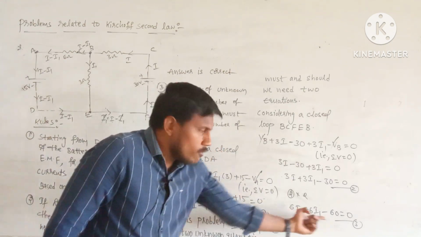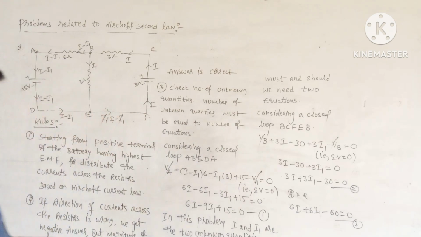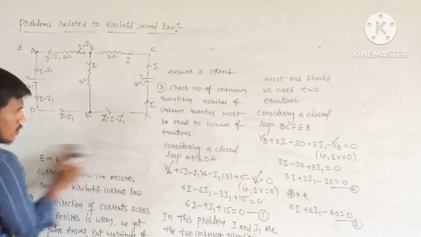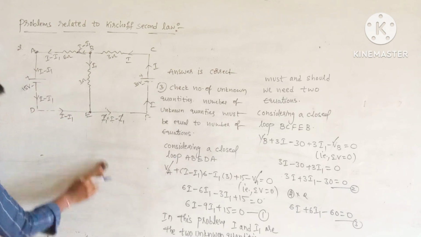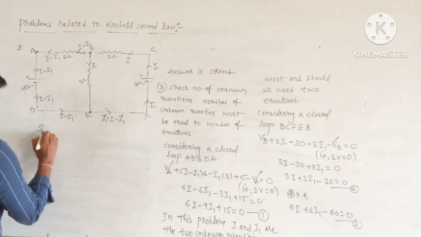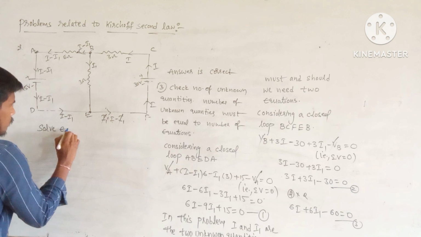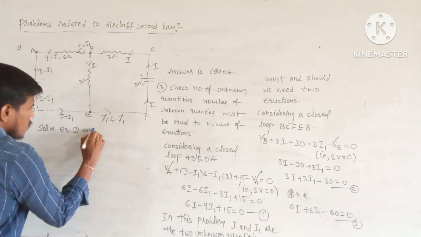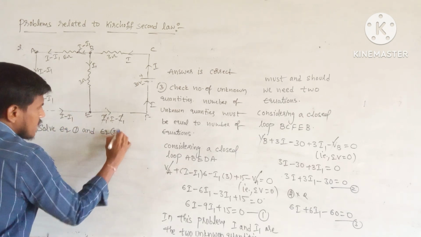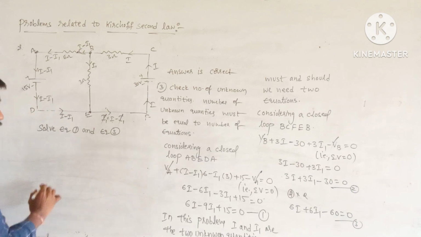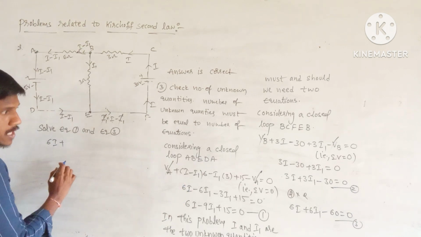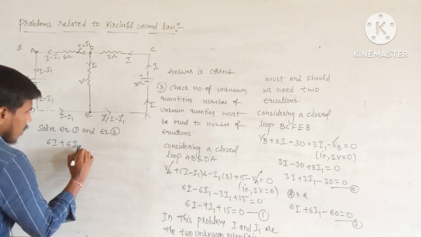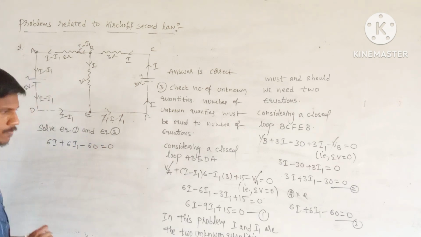Now I am going to solve equation 1 and equation 3. Equation number 3 is 6I plus 6I1 minus 60 equals 0.